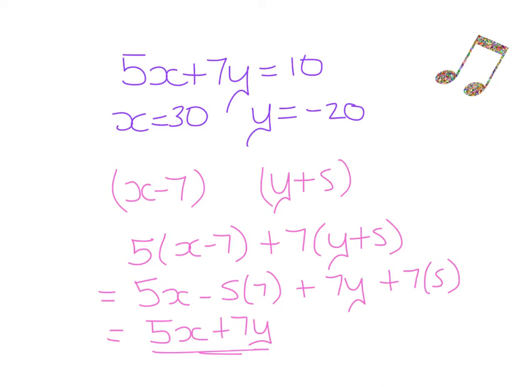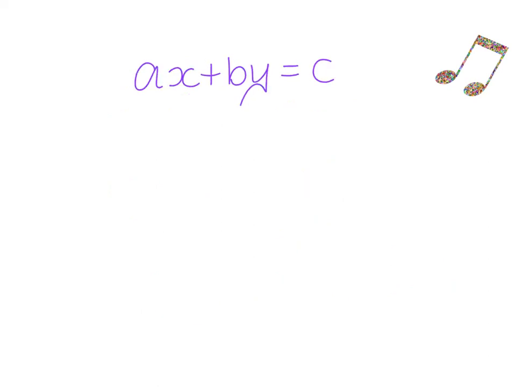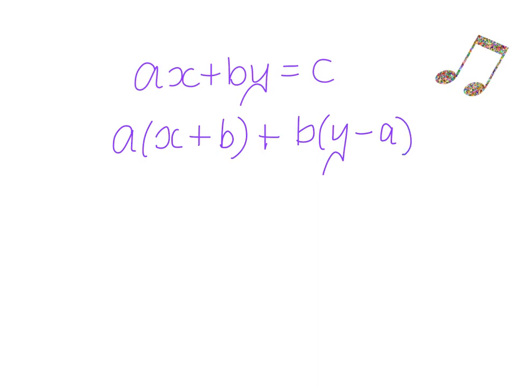Let's have a little look at the general form, just so that we're sure we understand why. Okay, so I've got an equation here, ax plus by equals c. Now, if I take the x and y that I've worked out in my first solution, so I take the value that I've worked out for x and I'm going to add 1 lot of b to it, and then I'm going to take the value that I have for y and subtract 1 lot of a.